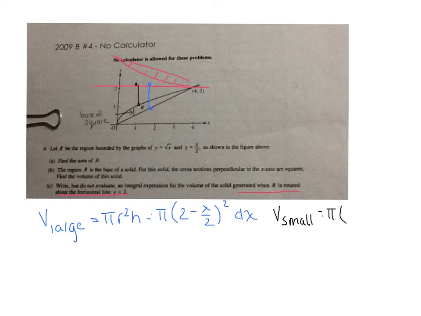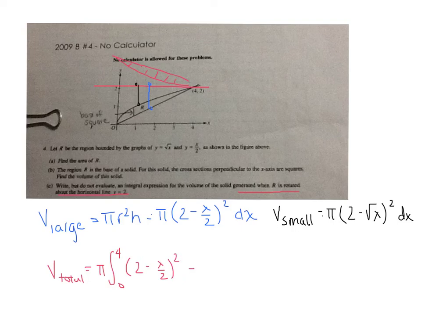The radius is 2 minus square root of x, squared, dx. So to calculate the volume total, we can write it as pi, the integral from 0 to 4 of 2 minus x over 2 squared minus 2 minus square root of x squared dx. And that's all we had to do for that problem.